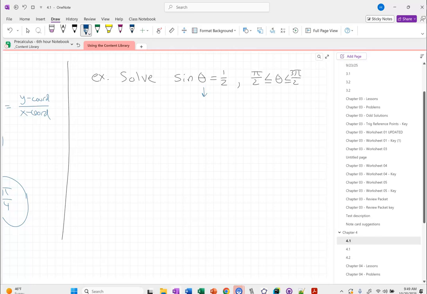What do I have to do to both sides of this equation to cancel out the sine? Well, we do sine inverse to both sides, right? Saying sine theta is equal to 1/2 is equivalent to saying theta is sine inverse of 1/2. Everybody's okay there?